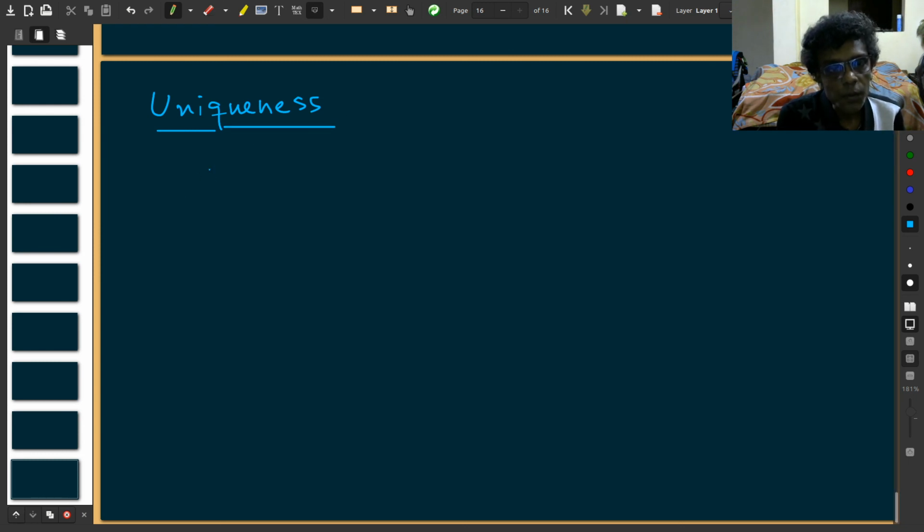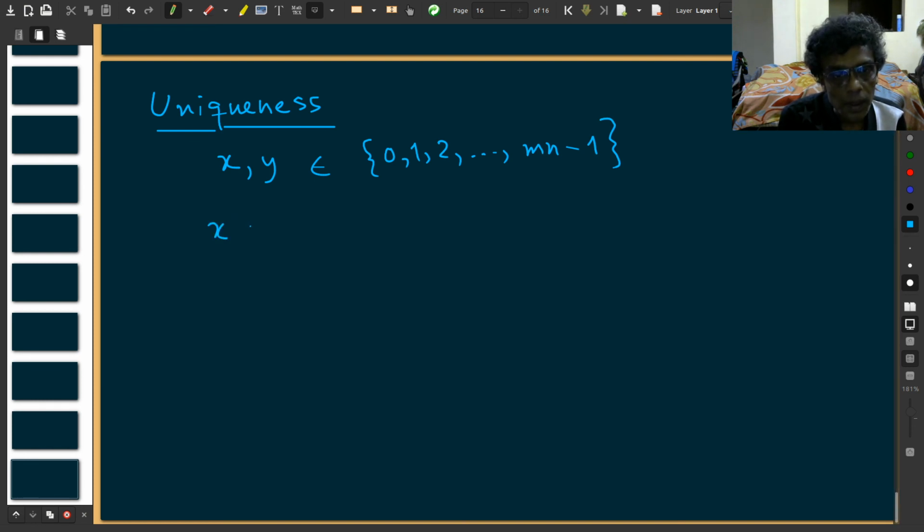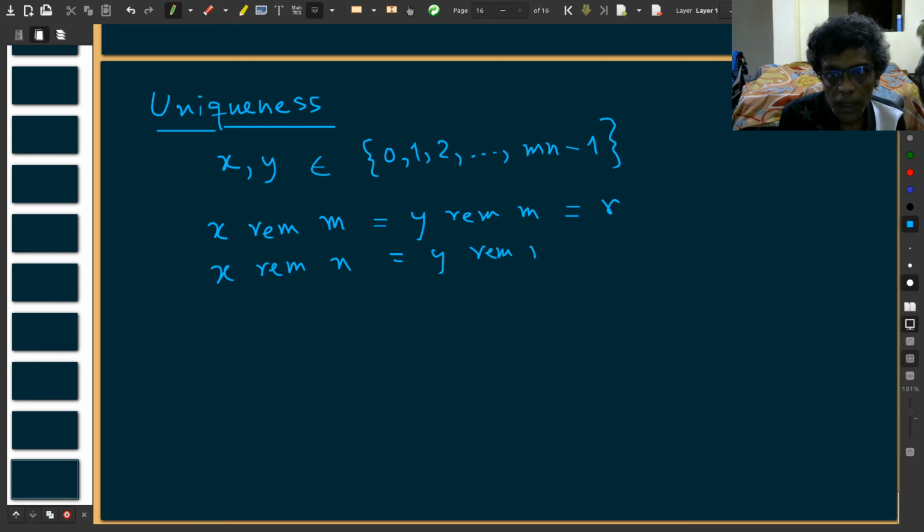Okay, so suppose that there exist two values x and y, each in the range 0, 1, 2 up to mn minus 1, such that x remainder m equal to y remainder m is equal to r, and x remainder n equal to y remainder n equal to s.